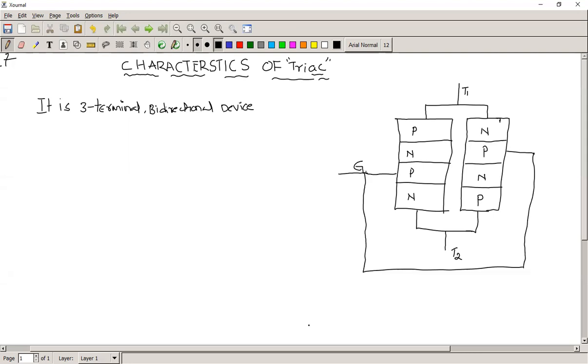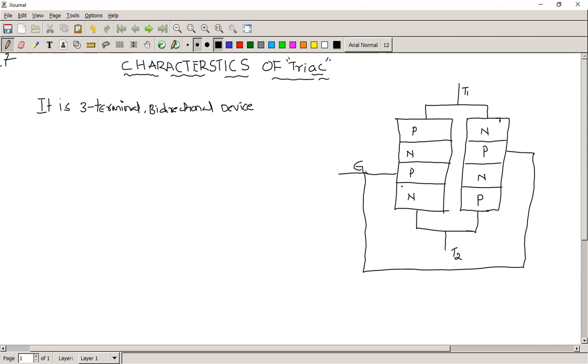By means of this gate terminal, we are activating any one device. This is one device, this is the second. If you observe this structure, these two SCRs are connected in anti-parallel.